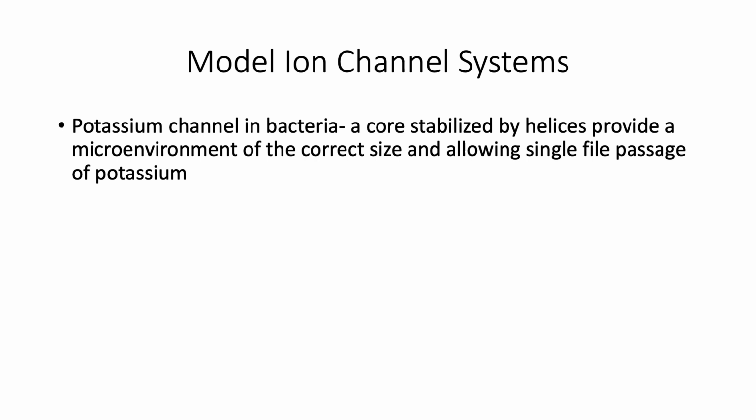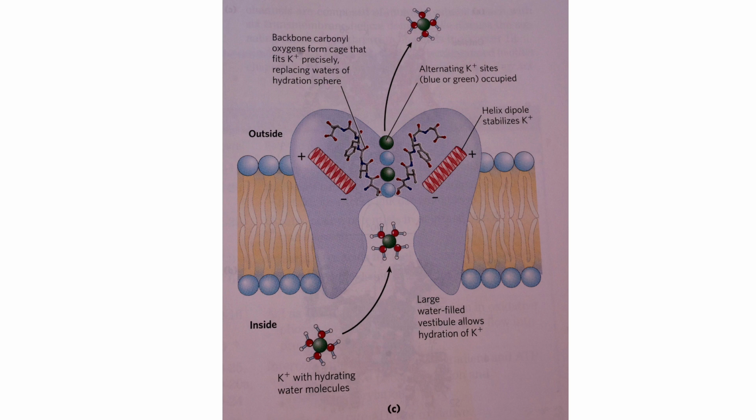These are model ion channel systems. The potassium channel in bacteria has a core stabilized by helices, which provide a microenvironment of the correct size, allowing potassium to move in a single file passage.